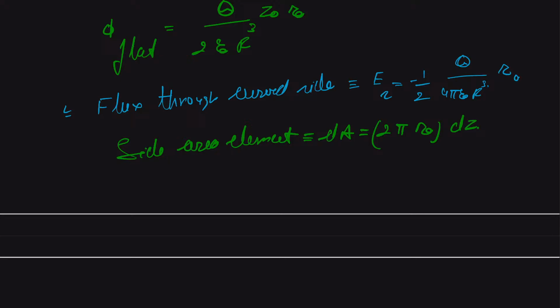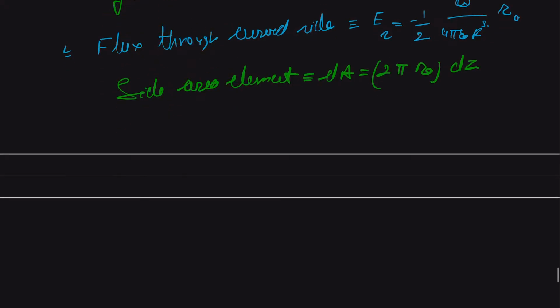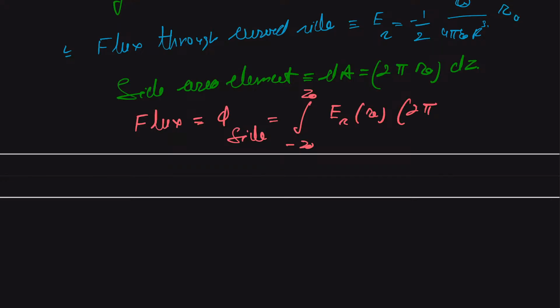Therefore we can write the flux through the side, let us call this phi side, will be equal to the integral with limit from minus z naught to plus z naught, radial electric field at r naught, and this is about 2 pi r naught times dz.